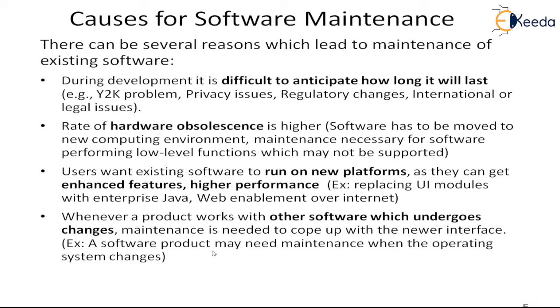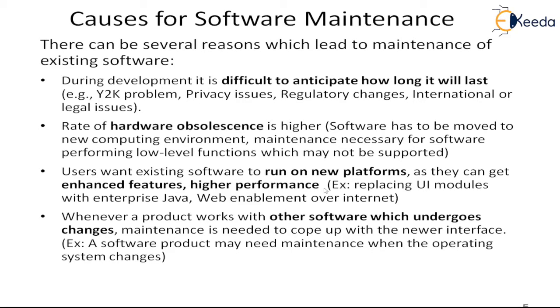For example, a software product may need maintenance when the operating system changes. Also, when you have web enabled systems, you know that your web screens, web apps, depend on the kind of browser you are using. If the browser undergoes a change, then you may have to change your application.